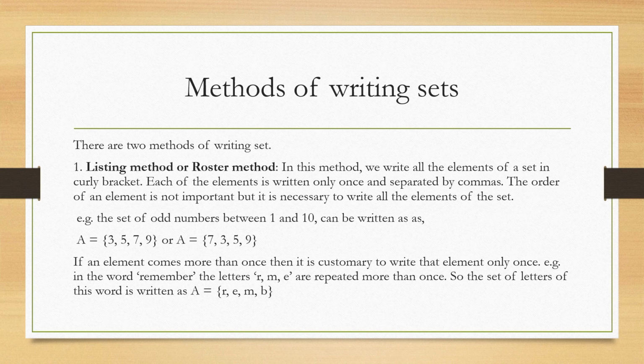So the set of letters of this word is written as A = {R, E, M, B}. So as you can see, these are the elements of the word remember. R-E-M-E-M-B-E-R is the spelling. We should not repeat an element more than one time.